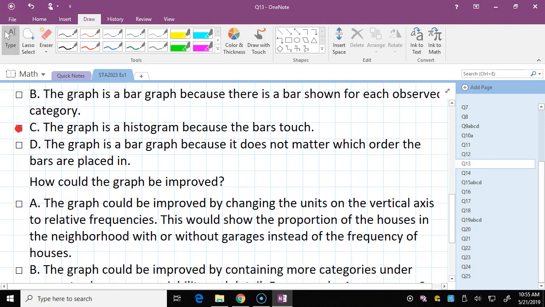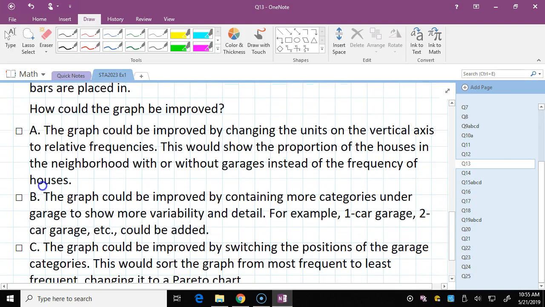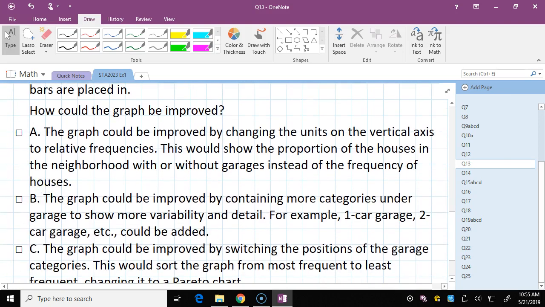And again, I could almost argue the last one: the graph is a bar graph because it doesn't matter which order the bars are placed in. That's true. If it was a bar graph, I could put it in a Pareto chart, but it doesn't have to be a Pareto chart. But again, the key is the bars touch. If it's a bar graph, the bars don't touch because generally it's categorical.